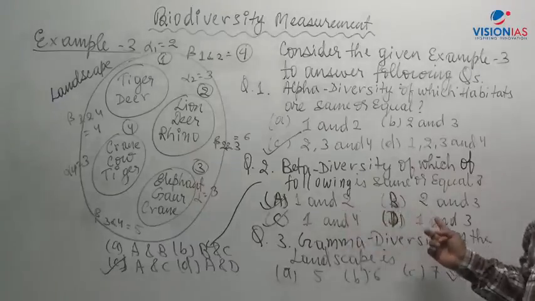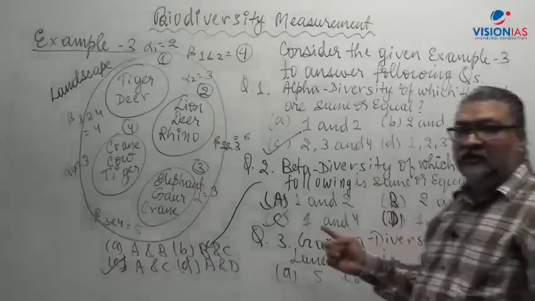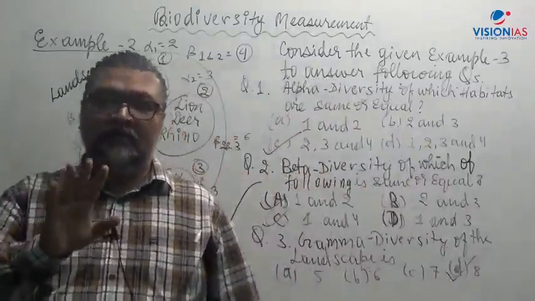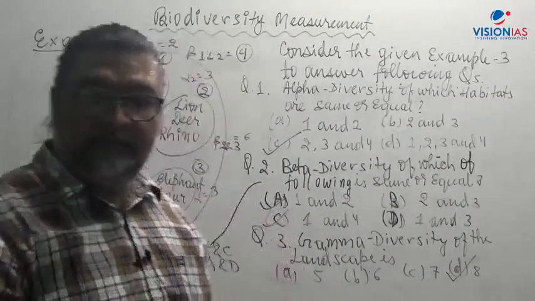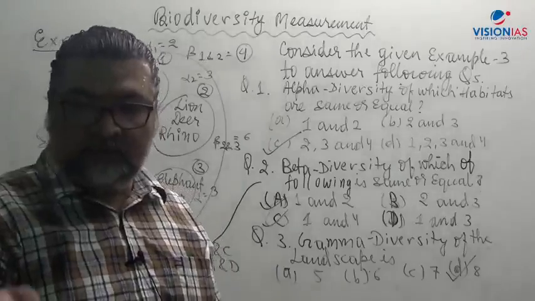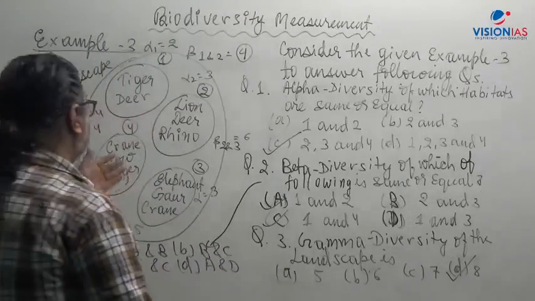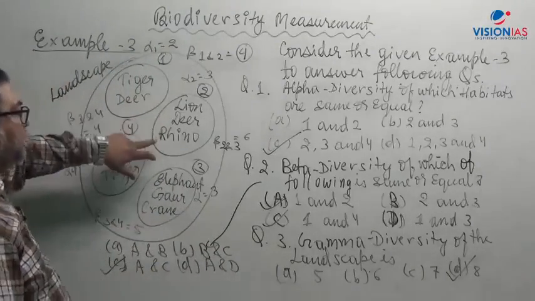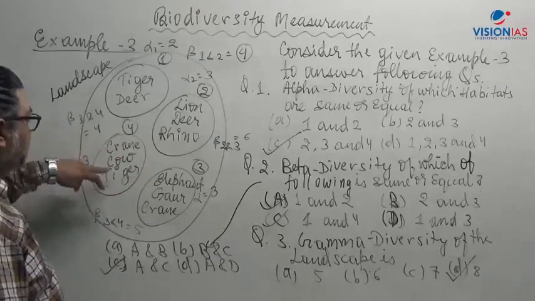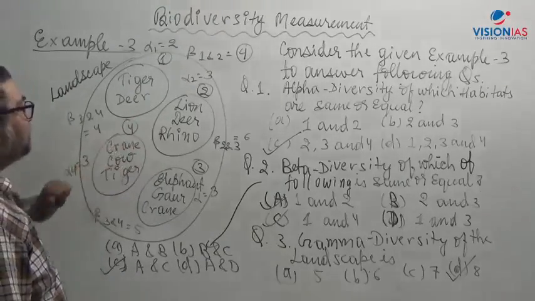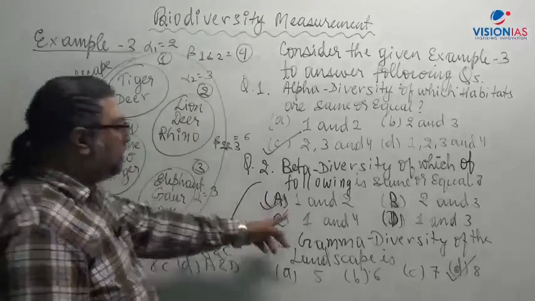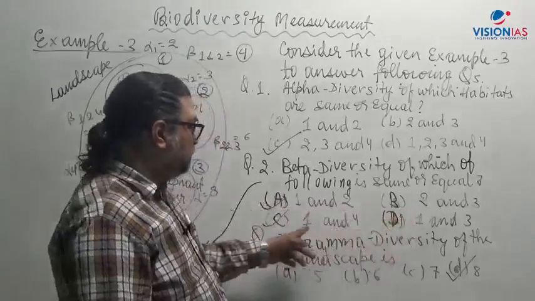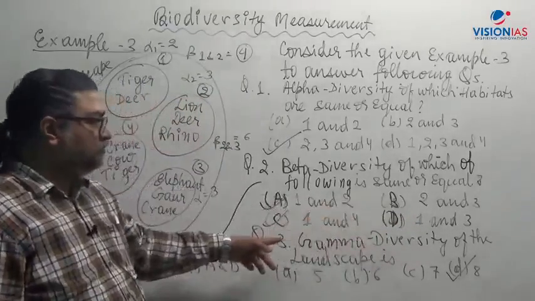But in the options I have not given you 2 and 4. You are very right. I agree that if you take 2 and 4, beta will also be same. If you take lion, deer, rhino, 3 and then crane, 6 are there. 2 and 4 has got 6 and 2 and 3 have got 6. But I have not given 2 and 4 anywhere.